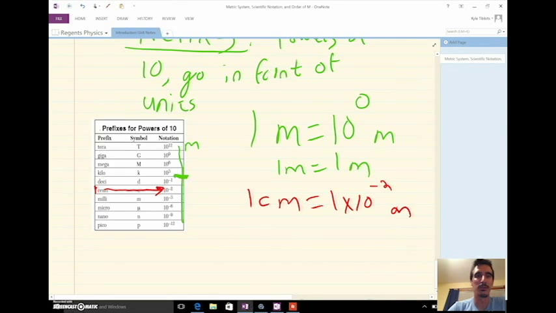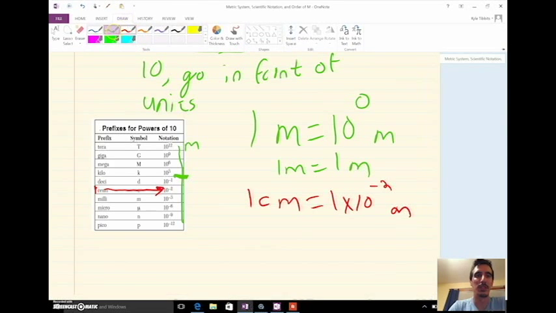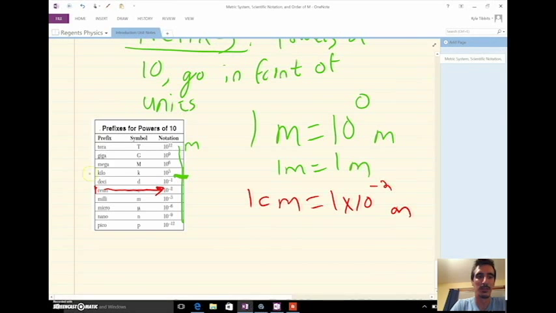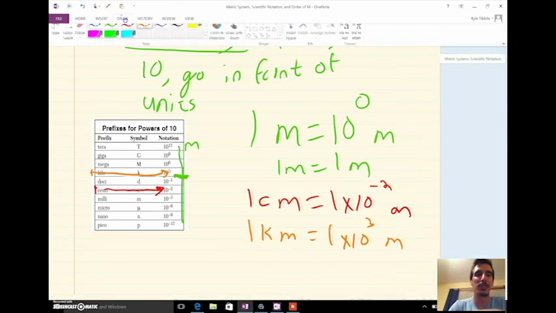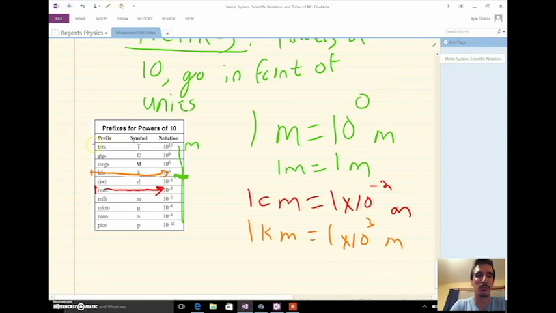Let's look at kilo. So 1 kilo, or 1 kilometer, is equal to, we go all the way over, 10 to the 3, 1 times 10 to the 3 meters. What would 1 tera be? Why don't you try that on your own? 1 tera.